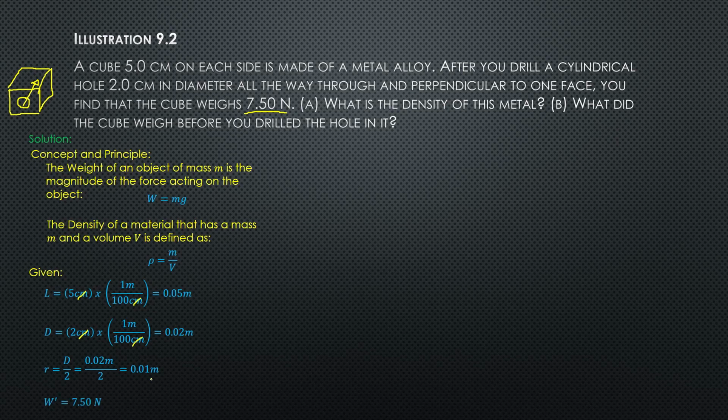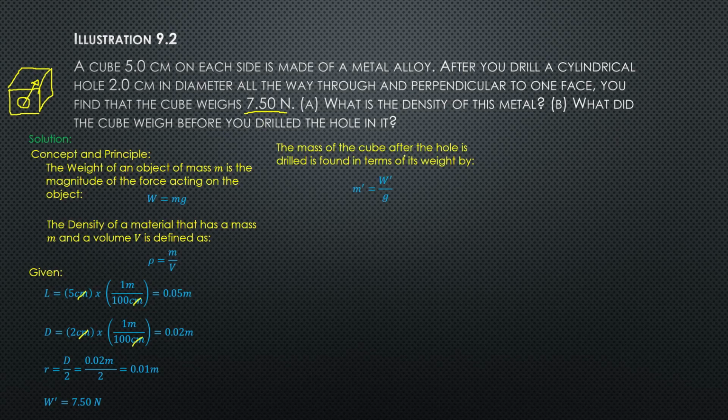So the weight of the cube with a drilled hole, I used W prime, denoting that this weight is the weight of the cube with the hole, which is 7.5 newtons.